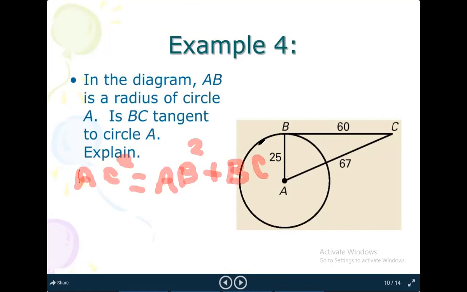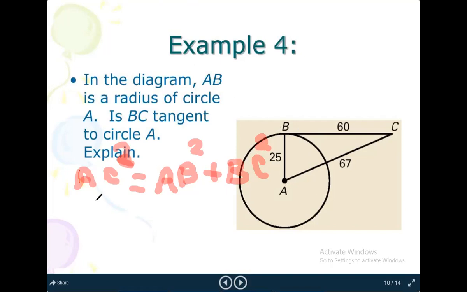So don't forget, we have to put a plan for ourselves. If you want to prove that BC is a tangent, then you have to prove that AC squared equals AB squared plus BC squared.